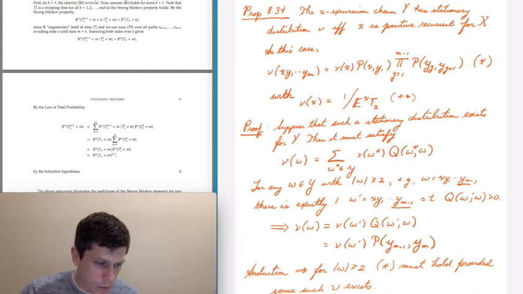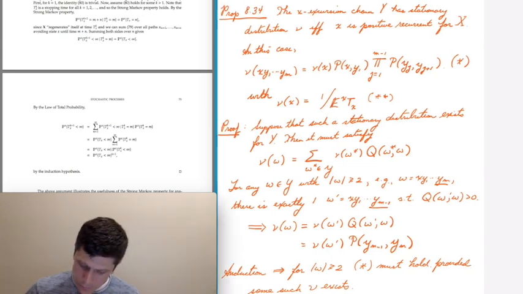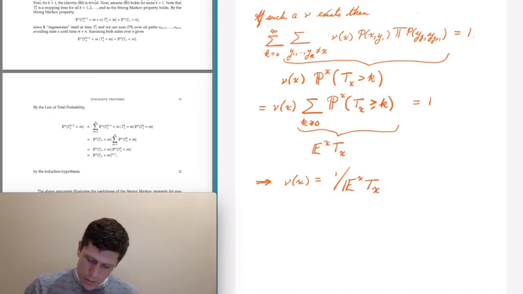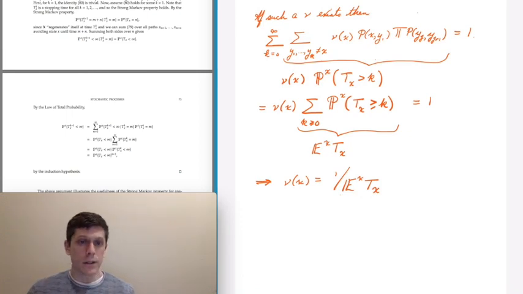We assumed last time this is an irreducible chain. These are class properties. So if one state is recurrent, the others are recurrent, and vice versa. So if this is a positive recurrent state, then we know that this is finite and that this probability is well defined. And we get a proper stationary probability.